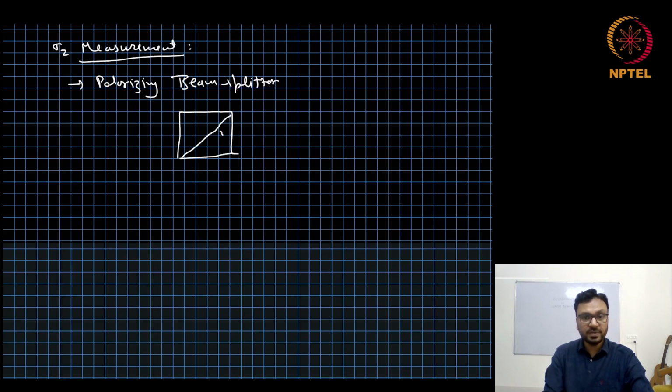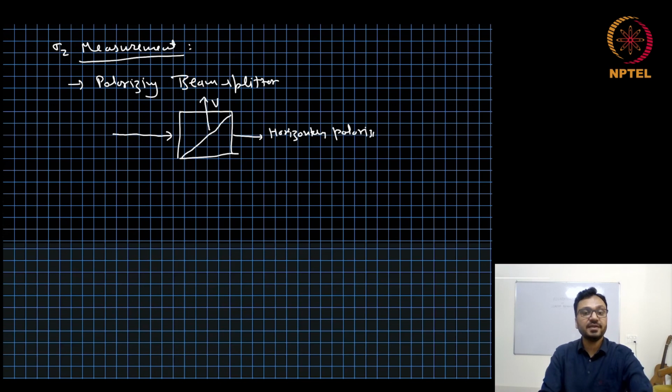It is an optical element, an optical gadget, such that if light comes in, the horizontally polarized light will pass through and vertical light will be reflected.